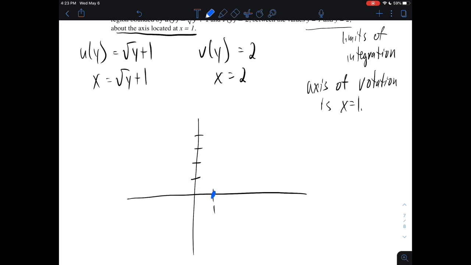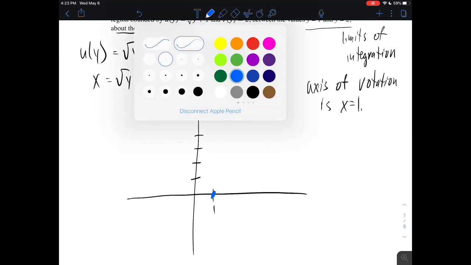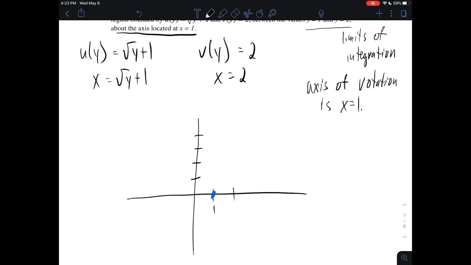That would give me an x value of square root of 1, which is 1, plus 1, which is 2. So all I'm doing is just plugging in some numbers for y and getting related values for x equal to square root of y plus 1.